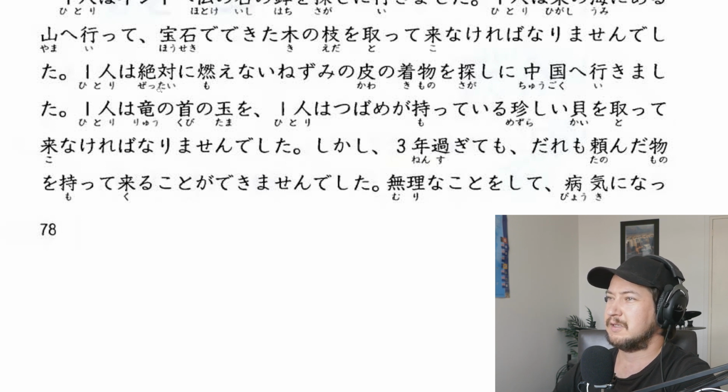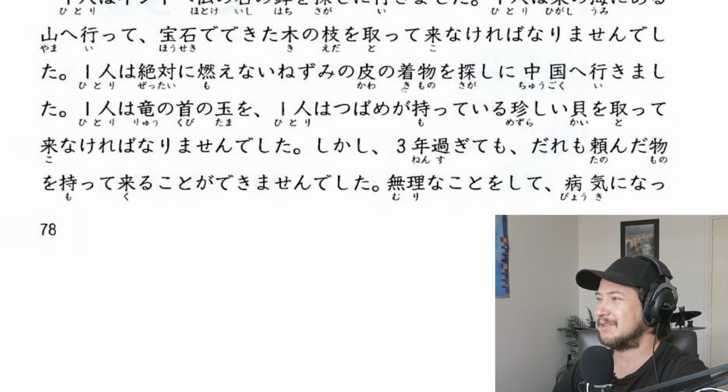So literally saying 一人は, technically it's a third guy, but they say one guy. 絶対に燃えないネズミ, absolutely, 燃えない, something you cannot burn. ネズミ is a mouse, and this is ネズミの皮, the skin of the mouse that absolutely cannot be burned.